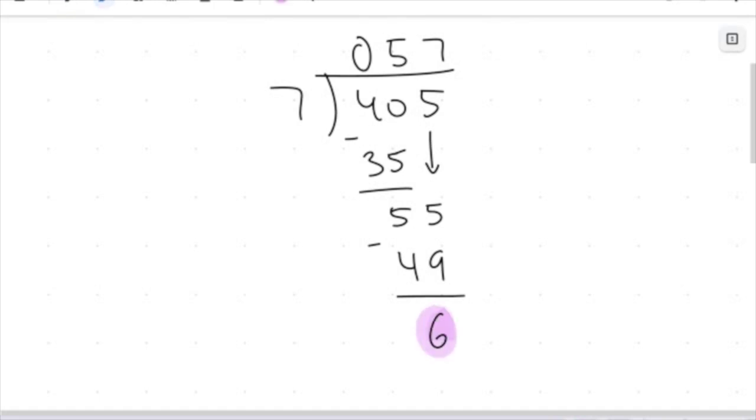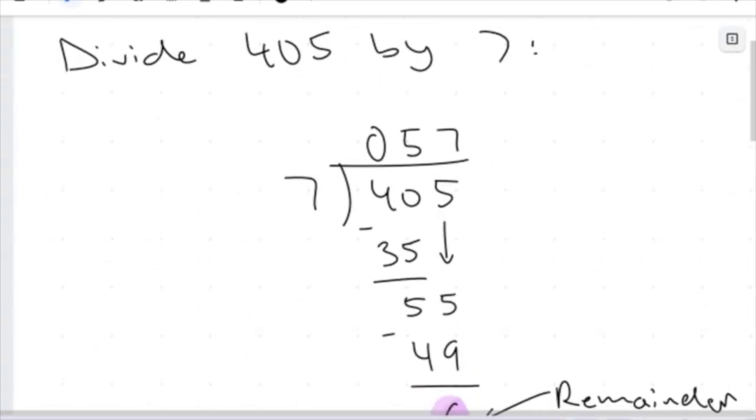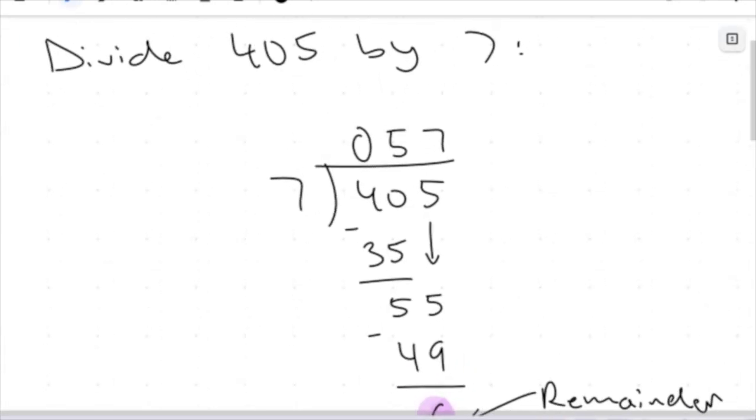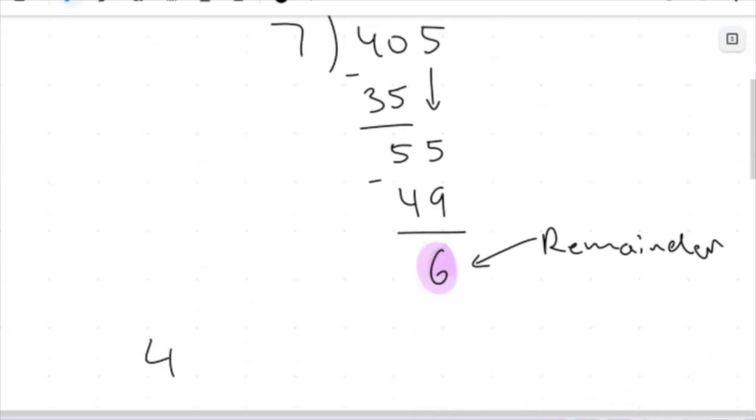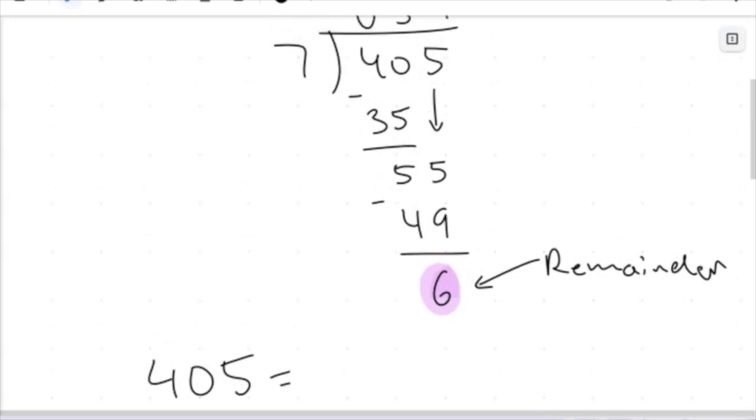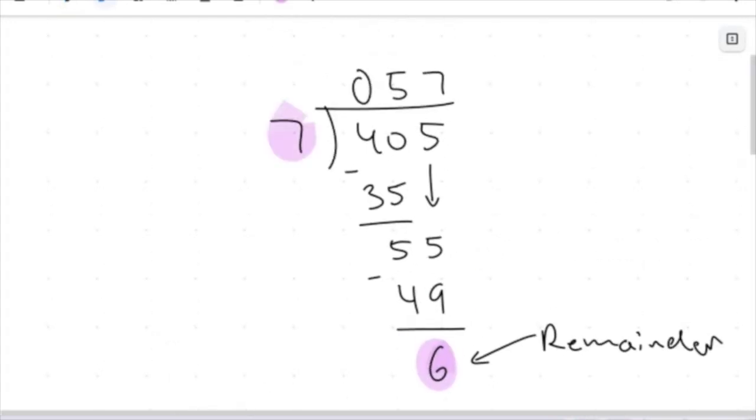Now this guy over here is what we call our remainder, the number we have remaining. Now if we think about this, that tells us that in essence we can divide 405 by 7, and we can also write 405 as a product of these two numbers, 7 and 57.